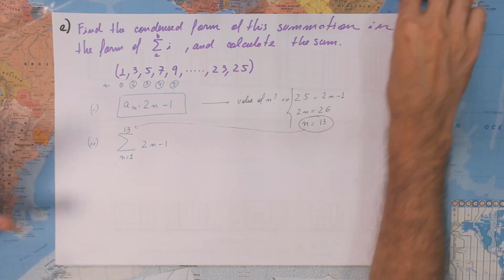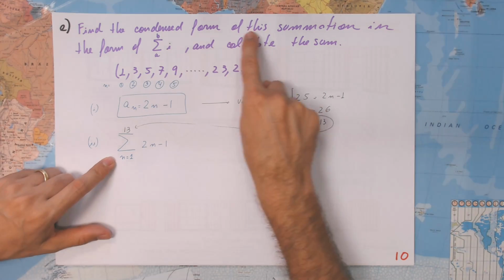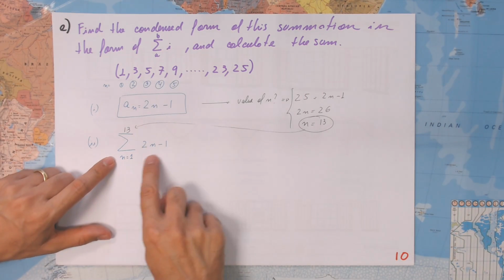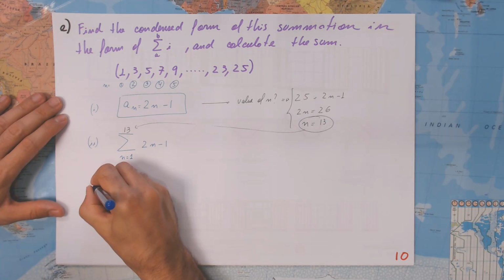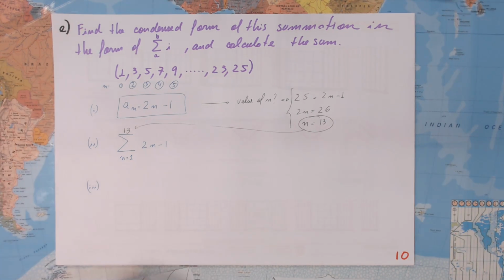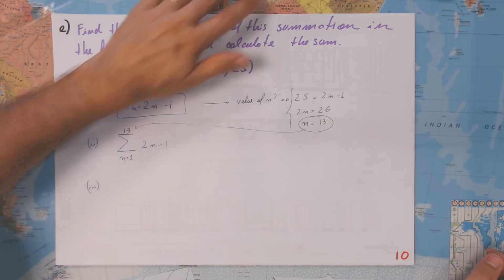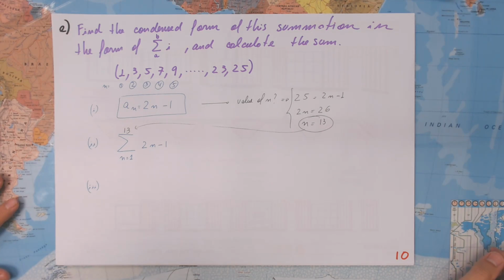Okay, so this is the condensed form of this summation. It is this. And now the last part. And now it is where the trouble remains. Okay, how to add those?